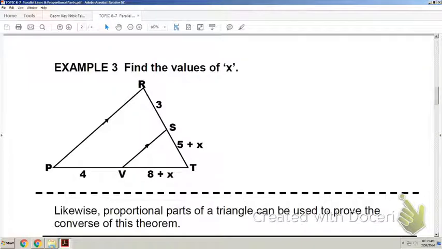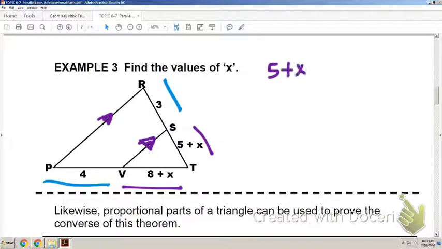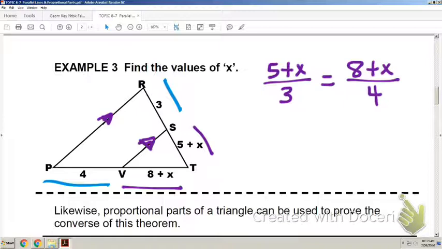Now this time your parallel lines are located here. So I'm going to set up my proportion with this length here over this length equals this length over this length. So when I set that up, it's going to be 5 plus x over 3 equals 8 plus x over 4. When you cross multiply here, you have to distribute.